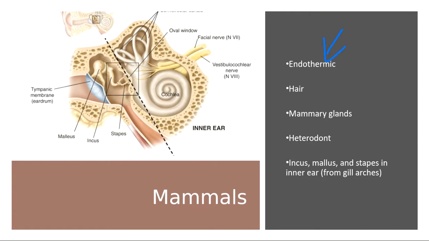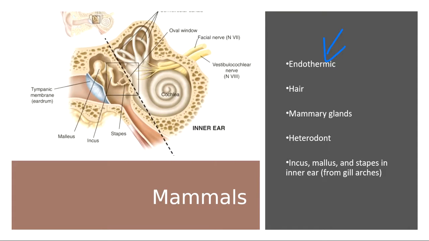But so are birds, and probably also the extinct dinosaurs were warm-blooded, most likely. The fact that mammals don't lay eggs, well, it's not really true. There is a group of mammals that lays eggs.